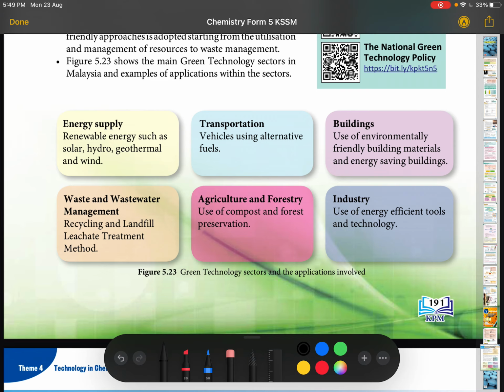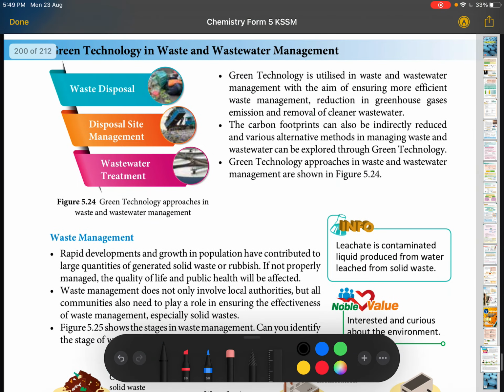How do you become a good guy? How do you not be a bad guy and pollute everything? So this is like electric cars, environmentally friendly buildings, industry using less energy, using compost instead of fertilizers, recycling, and using renewable energy.